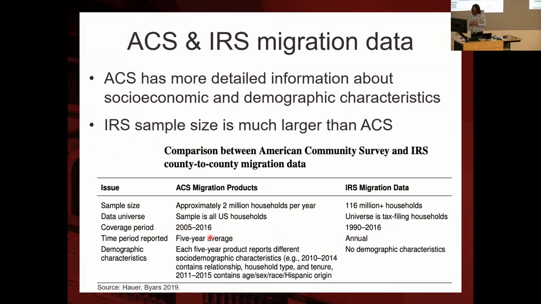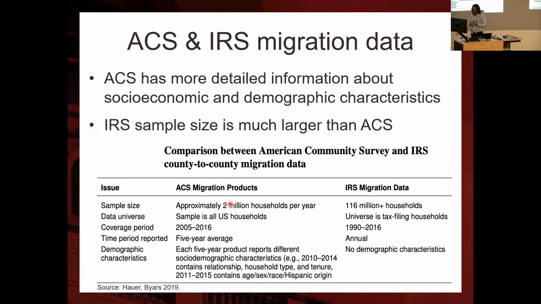Oh, and by the way, here on ACS, in this table, he mentions that the time period is a 5-year average, because you can get ACS for every year, 2005, 6, 7, 8, 9, 19, all separated for every year. But if you break the population by specific subgroups, considering their social demographic characteristics, if you break the population too much, and because the sample is not big enough, you have to actually merge some years of ACS together.